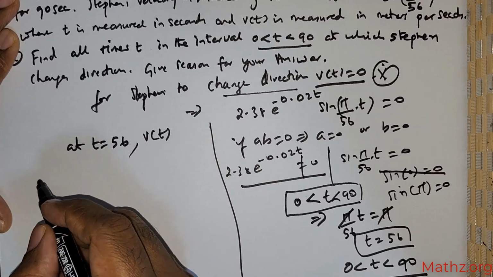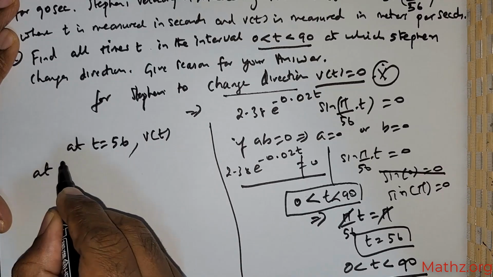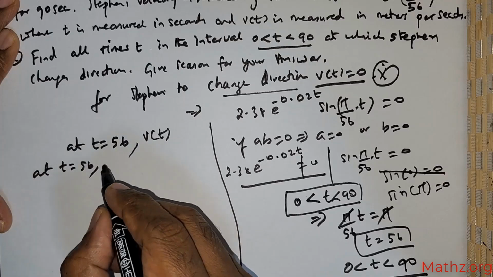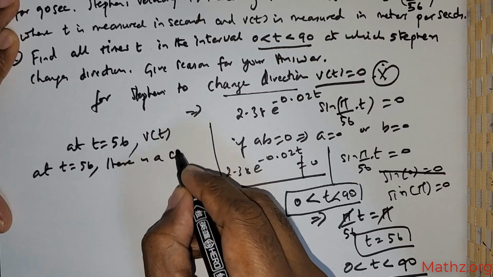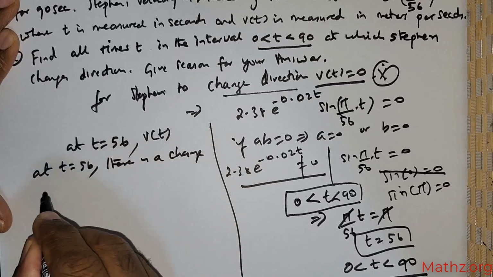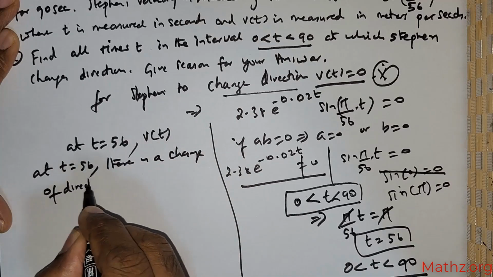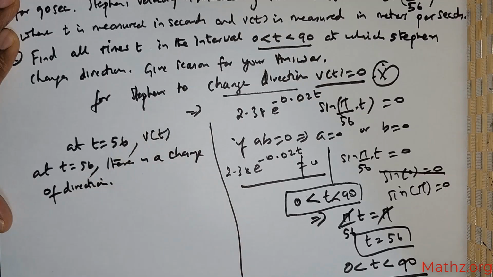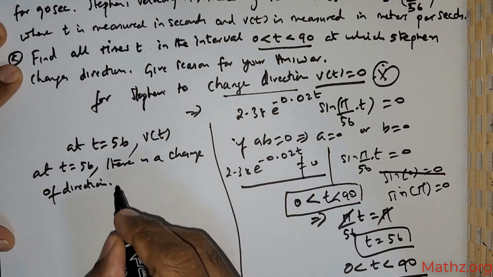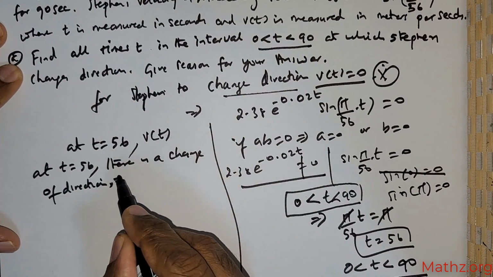So let me make the conclusion. At t is equal to 56, there is a change of direction, and that would mean the velocity will also change its sign. So you can simply state that also.